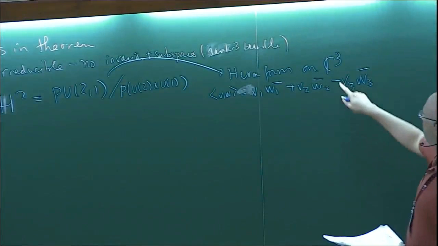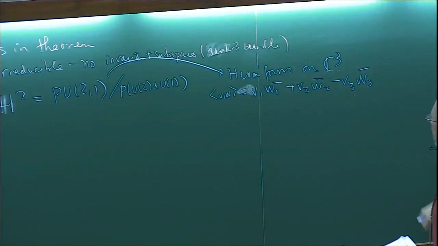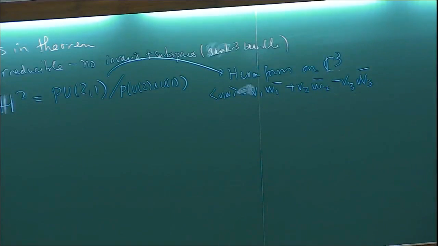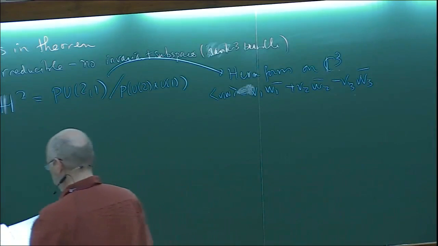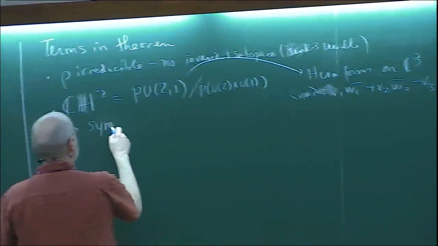The group consists of all the linear maps on C^3 which preserve this form. The minus sign means this is non-compact, and this is the natural maximal compact group. So this is a symmetric space.